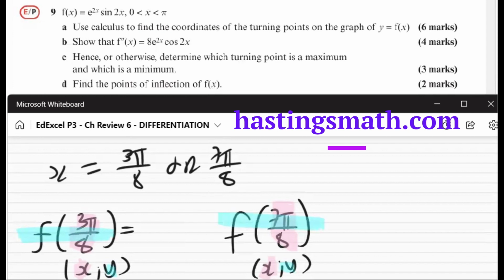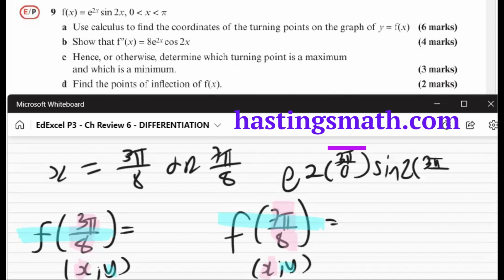Okay. So just looking at if I sub those into the calculator, say e to the power of 3 pi over 4, sine of 3 pi over 4, for example, it'll give you your answers.